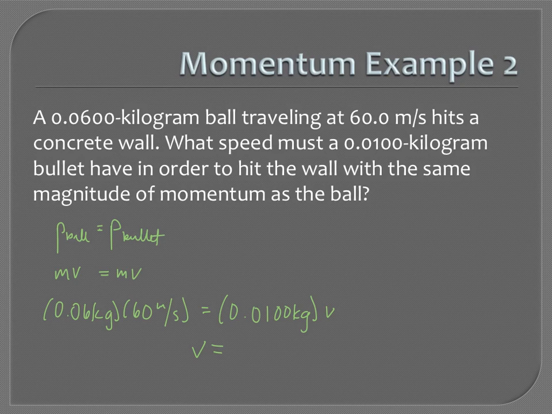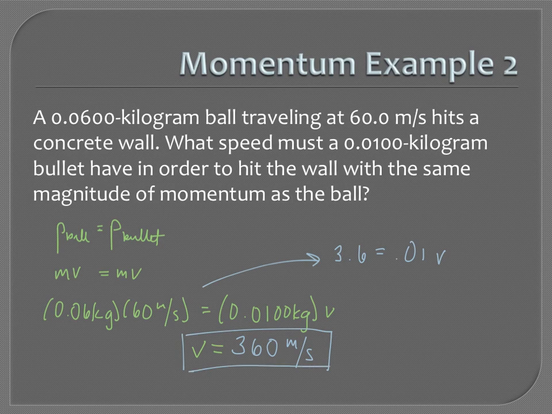You solve, and you get 3.6 is equal to 0.01 V. Divide 0.01 on both sides, and you get 360 meters per second as your answer. That's fast.